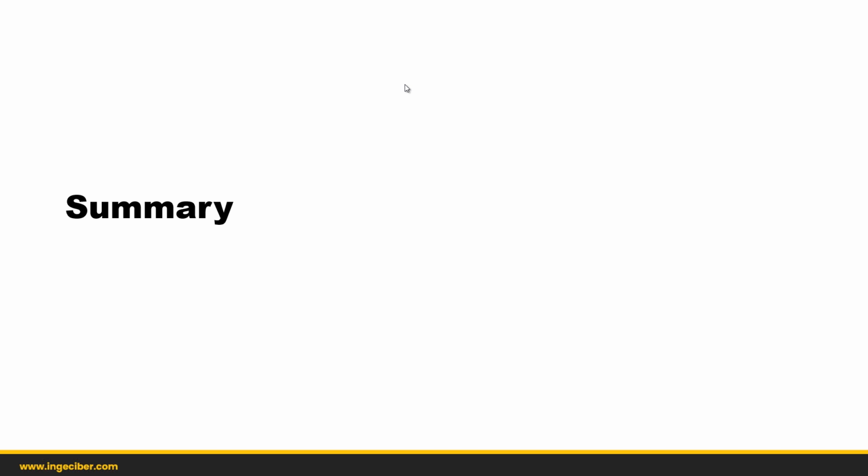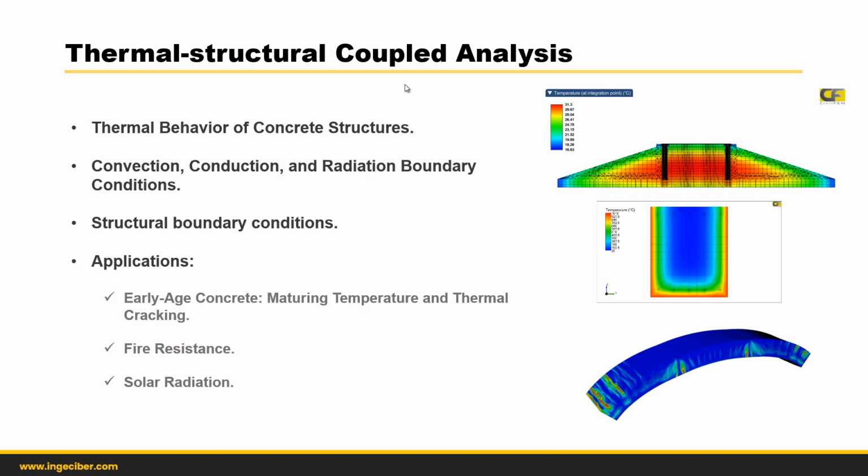Okay, so after these examples, we proceed with a summary of all the concepts and aspects of this webinar, which are the thermal behavior of concrete structures, including the convection, conduction, and radiation boundary conditions, and of course you can add as well the boundary conditions for the structural analysis.